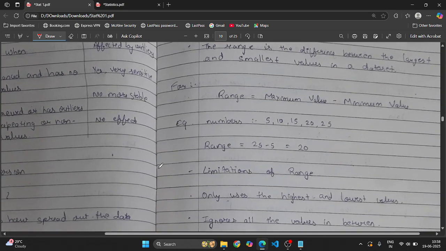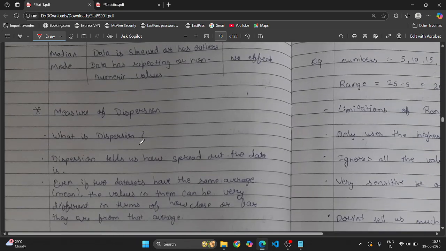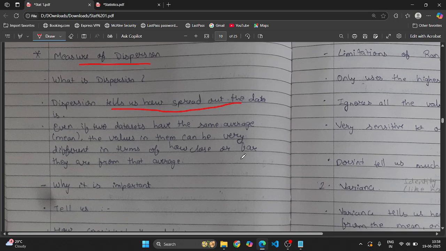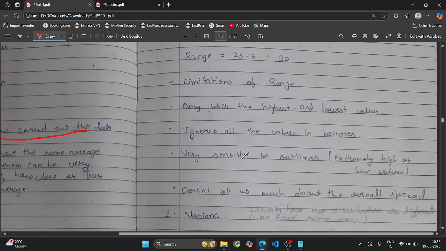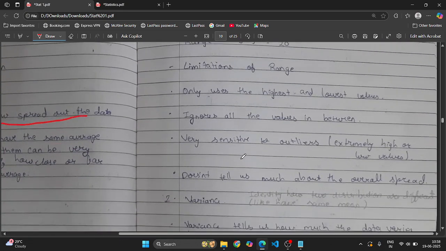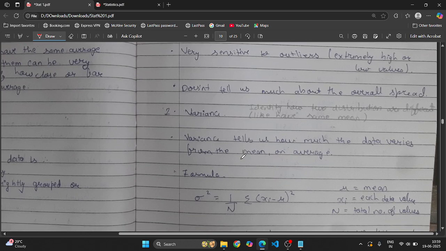Range is also a measure of dispersion. Dispersion shows how spread out the data is, as we have seen. It's the range, then the limitations; variance we have left.